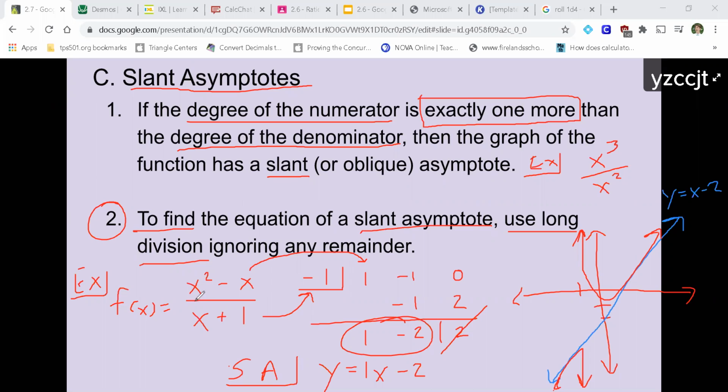Note that this has a vertical asymptote at -1. So the idea here is as I go to positive infinity, my rational function approaches this slant. And as I go to negative infinity, it again approaches that same linear equation.